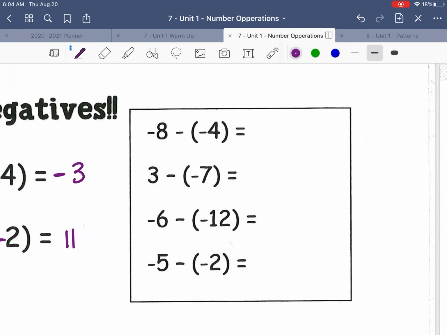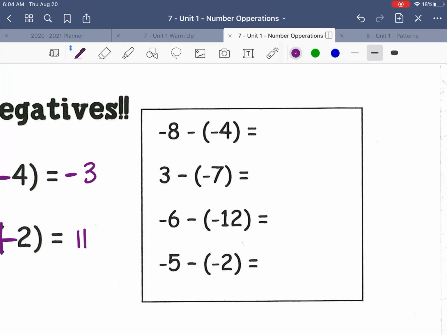Okay, let's scroll over here and do the ones in this box. -8 plus 4. The signs are different, so we're going to subtract, so it's going to be a negative. And then 8 minus 4 is 4. 3 plus 7 is 10. -6 plus 12, that's going to be a positive 6, right?